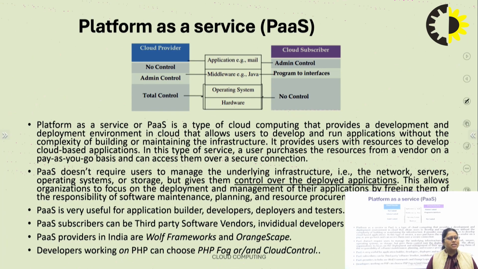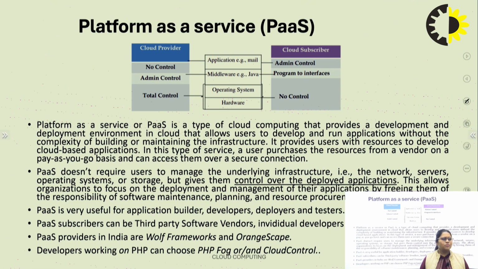PaaS does not require the user to manage the underlying infrastructure, for example network, server, operating system or storage. There is no need to create the whole environment. Everything is available on the cloud server.